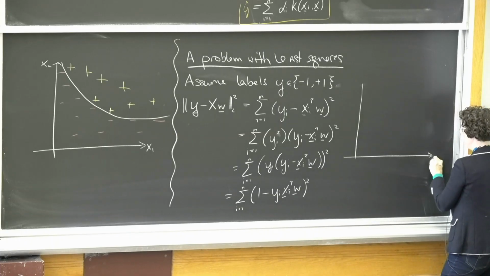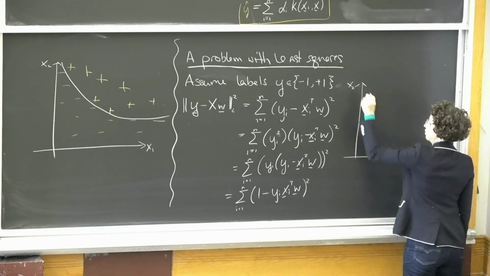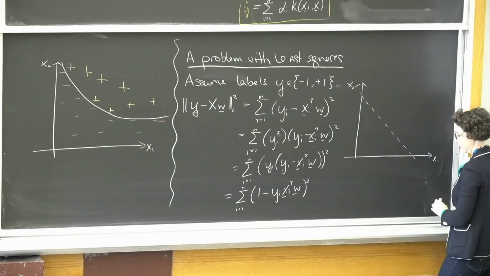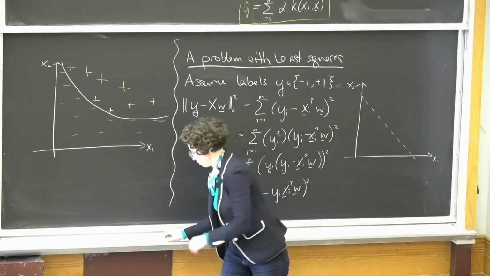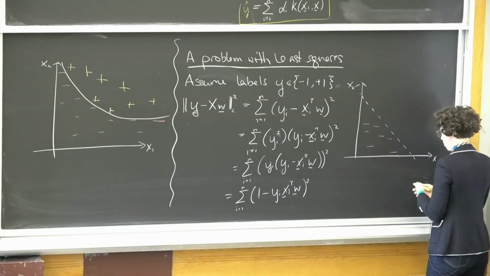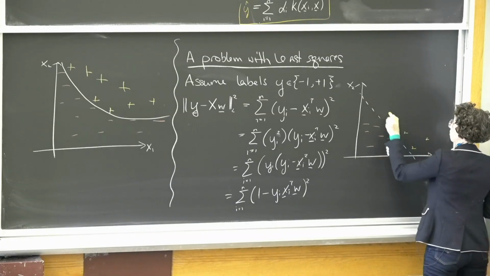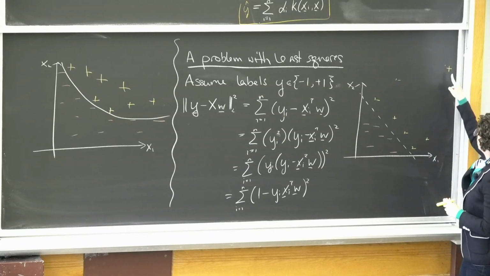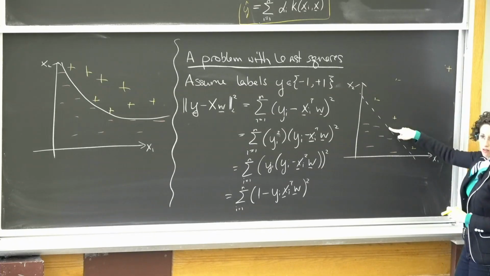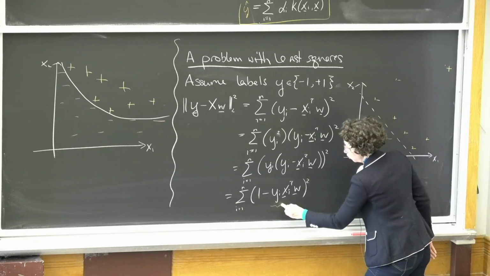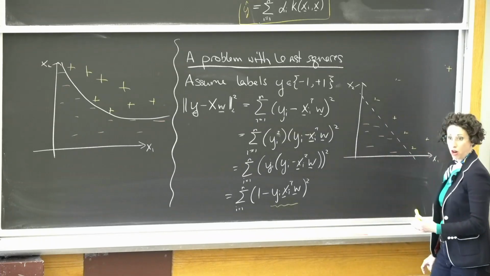But now we can think about what happens in a setting like this. I'm going to have my first feature direction and my second feature direction. Maybe I'm doing nice linear classification, and I'm doing a great job separating my data. So here are all my negative samples, and here are all my plus samples. But now imagine I've got one plus sample way out here, very far from the decision boundary. For that sample, this quantity is going to be large.